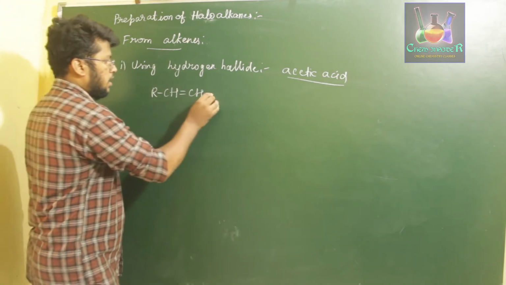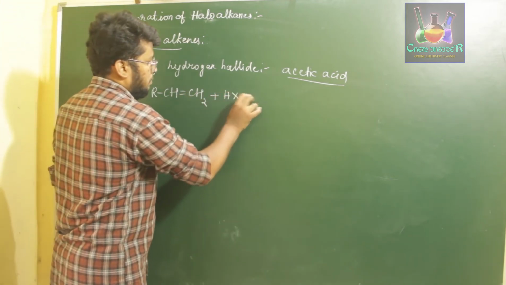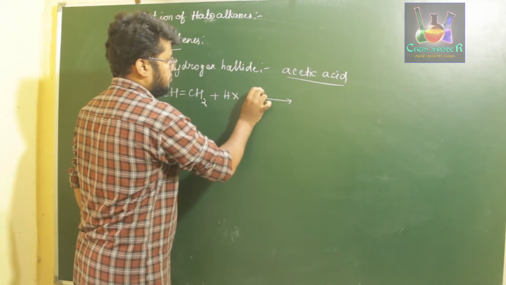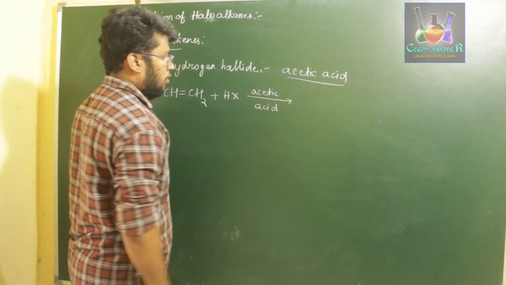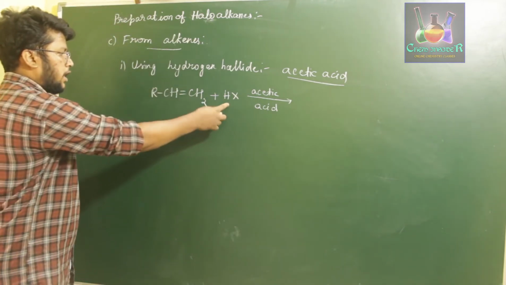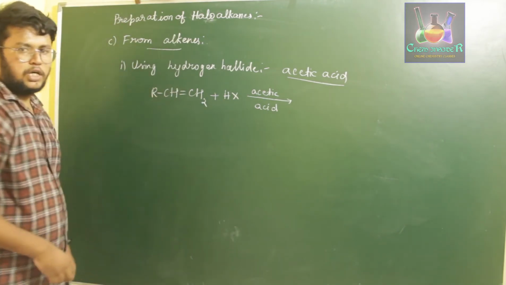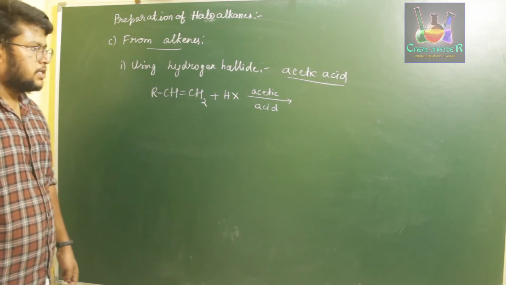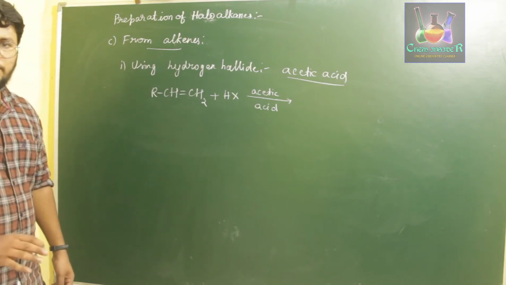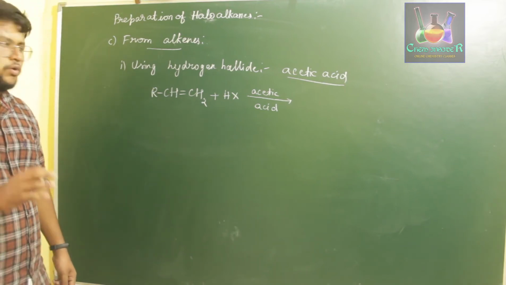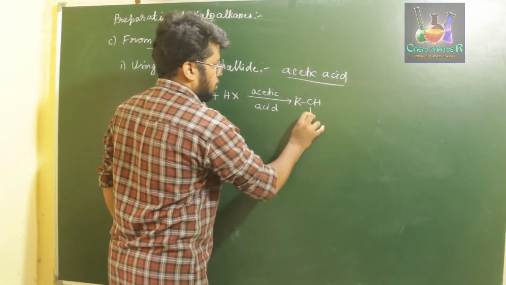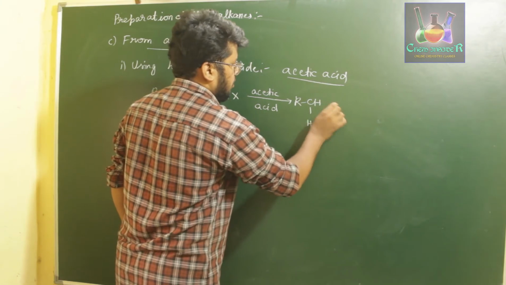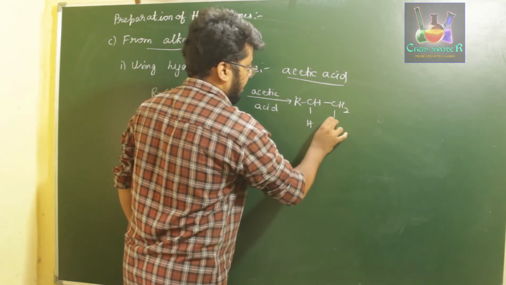if you are adding hydrogen halide to this alkene in presence of acetic acid, this reaction follows the Markovnikov rule. So here hydrogen can get added to either of the carbon atoms. We can get two products, but out of those two, one will be major, which is following Markovnikov addition. So one will be RCH2X.